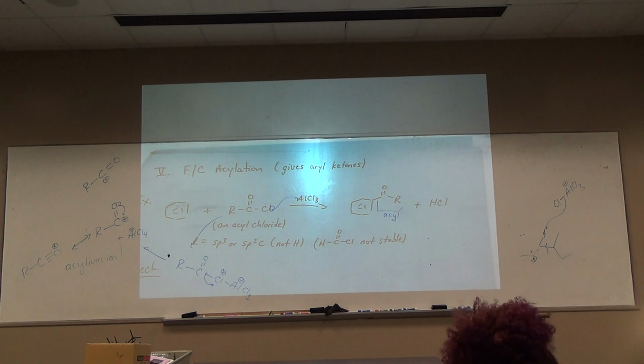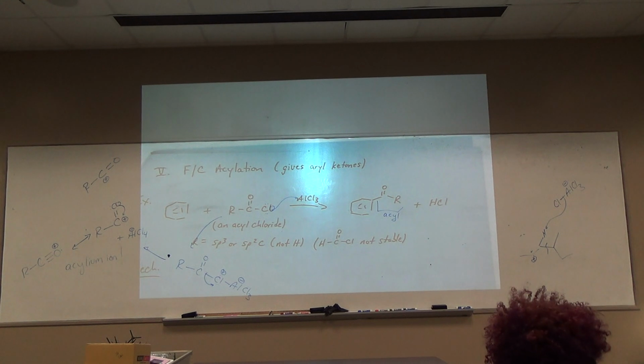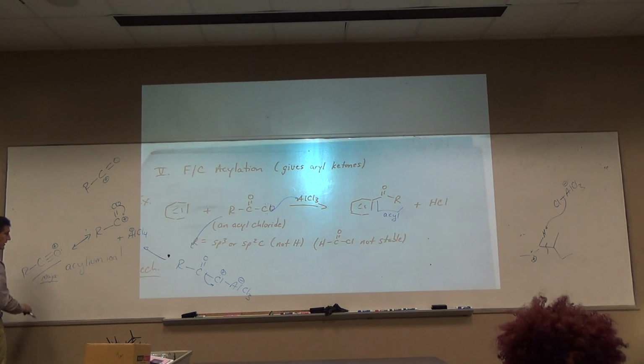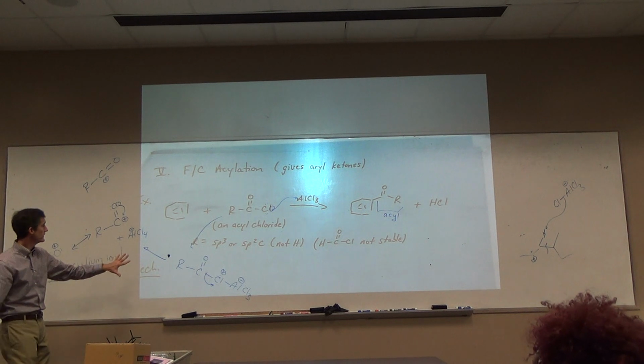Remember, these elements to the right of carbon will take on a positive charge as long as they have an octet. Does the oxygen have an octet over here? Yes. As long as it has an octet, you can do resonance and have a positive, even a positive fluorine. Has an octet. Major resonance structure. All right, acylium ion formed here.